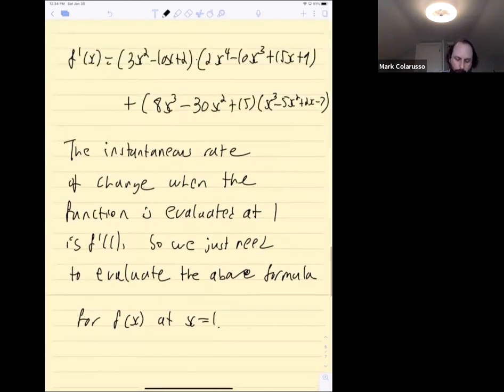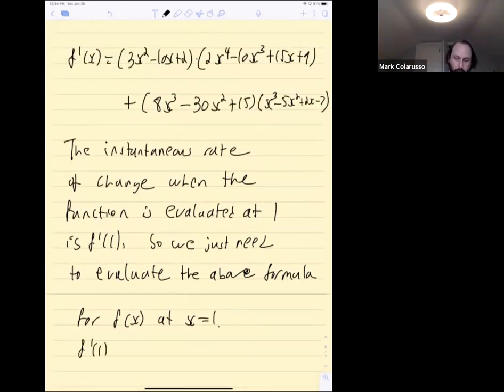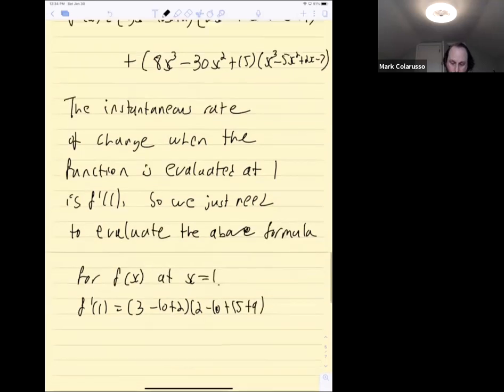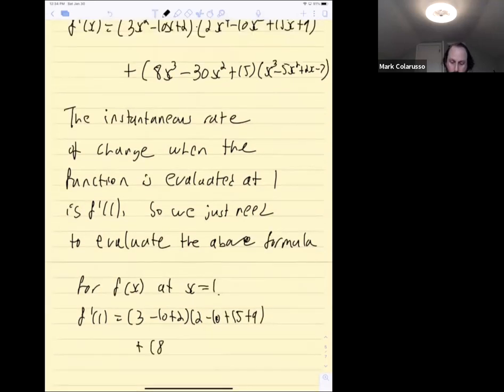Okay, so this is a bit tedious, but you can use a calculator. So let's do the first step. f prime at 1 is 3 minus 10 plus 2 times 2 minus 10 plus 15 plus 9, and then plus 8 minus 30, just plugging in 1 everywhere for x, plus 15, 1 minus 5, plus 2 minus 7.